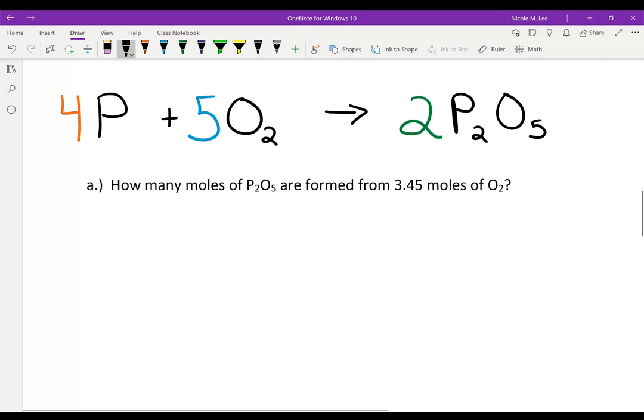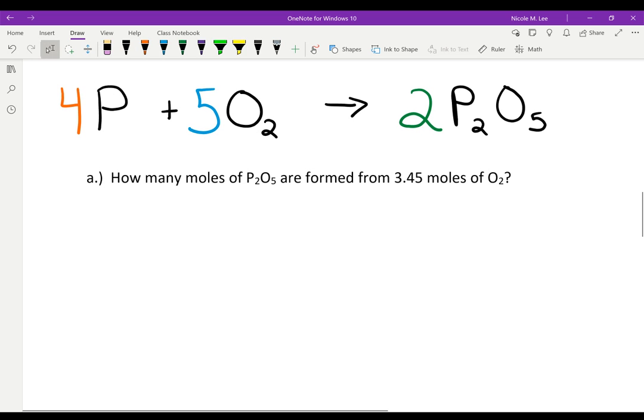Let's go on to another example. This one is a different balanced chemical equation. You probably remember this from last week. You've seen this a few times. So I've got phosphorus and oxygen on the left-hand side, and then diphosphorus pentaoxide on the right side. And my question is, how many moles of P2O5 are formed from 3.45 moles of O2?